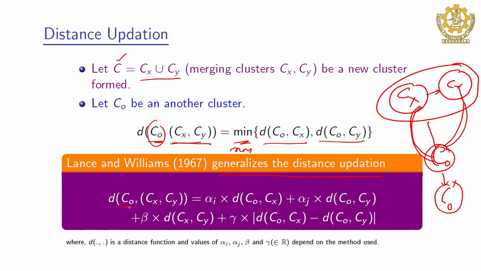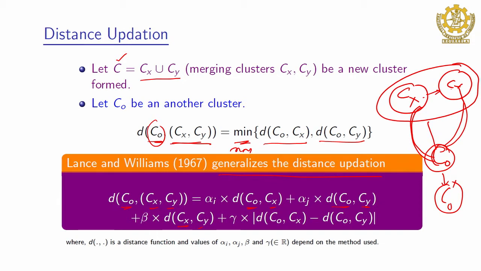If C 0 is the other cluster and C x and C y are the clusters to be merged, then the distance update will be alpha i into distance from C 0 to C x, plus alpha j into distance from C 0 to C y, plus beta into distance from C x to C y, the distance between the merging clusters, plus gamma into the absolute value of distance from C 0 to C x minus distance from C 0 to C y.